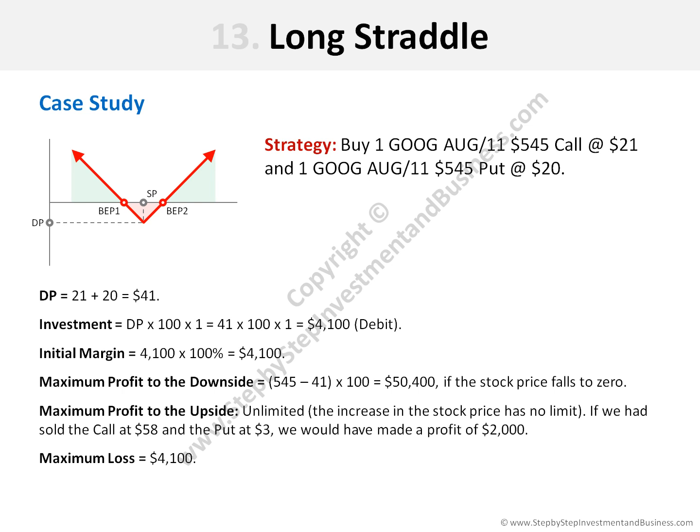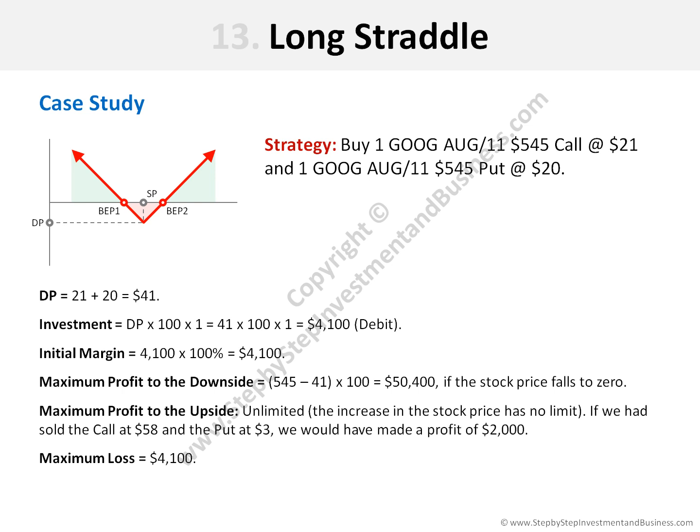The debit paid is equal to the call premium plus the put premium, in our case, 21 plus 20, which is equal to $41. Therefore, our investment is equal to 41 multiplied by 100, which is the cost of the strategy per contract, multiplied by 1, which is the number of contracts.